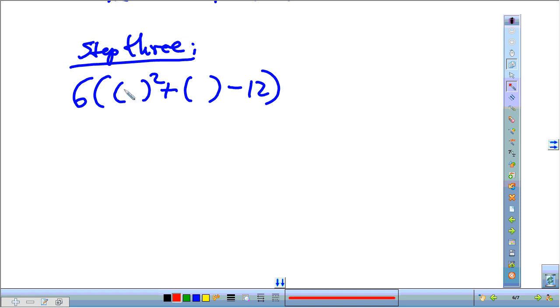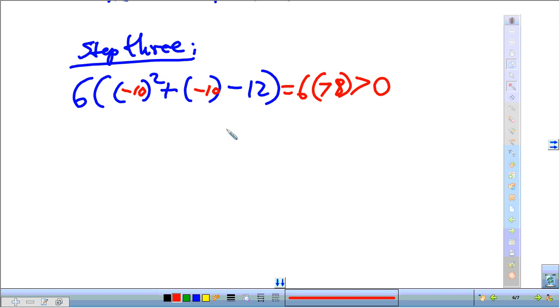So my first test value was minus 10. So I have 6, and this other part is 100 minus 22, 78. At that point, I can certainly tell that that's a positive value.